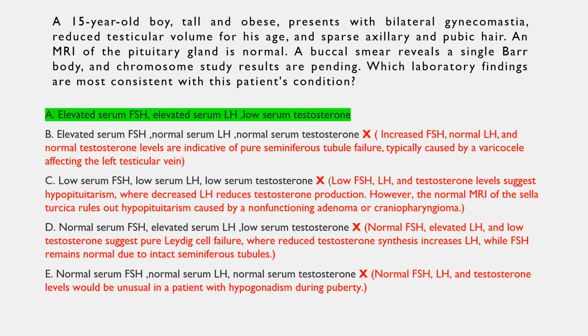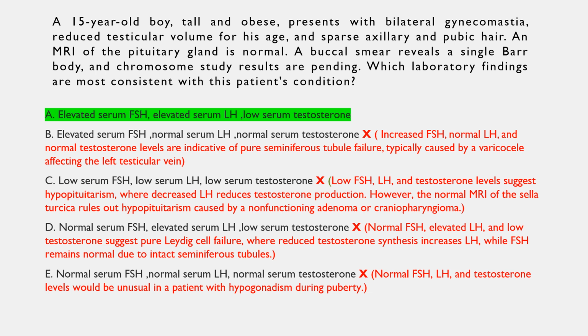A low LH causes a decrease in the testosterone synthesis. In this patient, the MRI scan of the sella turcica is normal, which excludes hypopituitarism due to a non-functioning adenoma or craniopharyngioma.